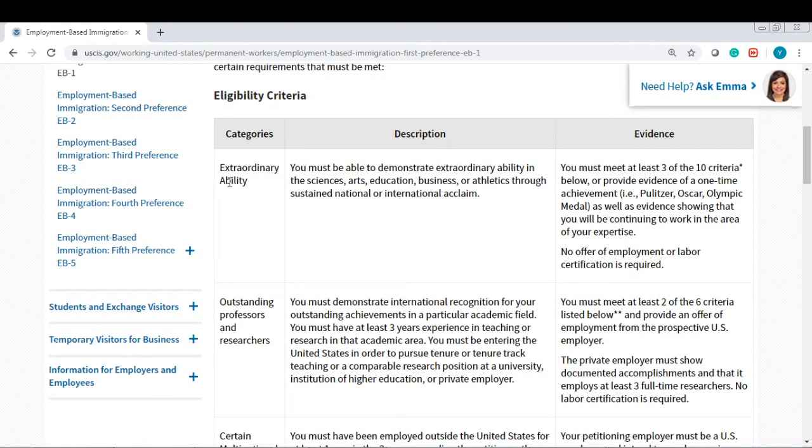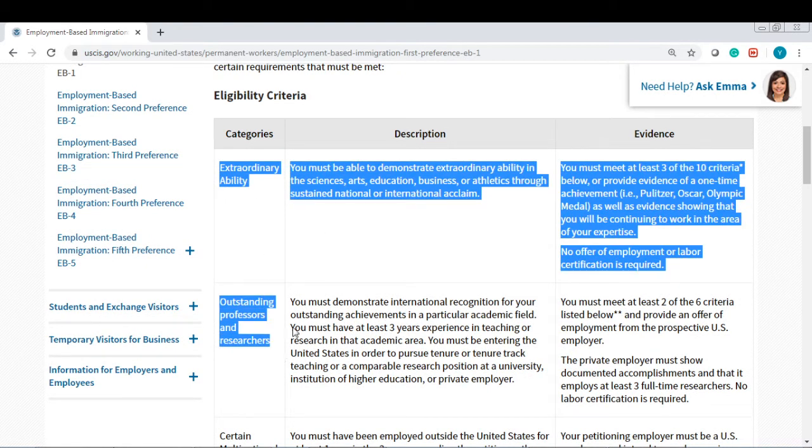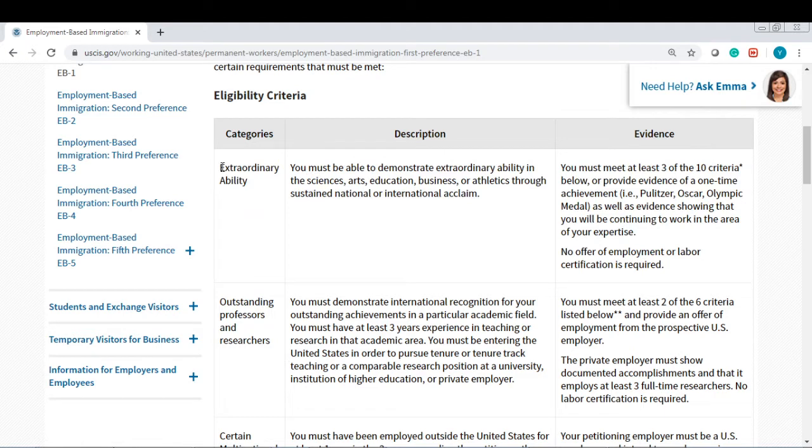But in this video, I will talk about these two, EB-1A and EB-1B, because they are very common green card categories for students, especially for foreign students studying in the United States.